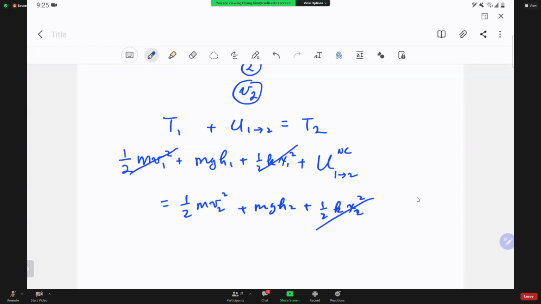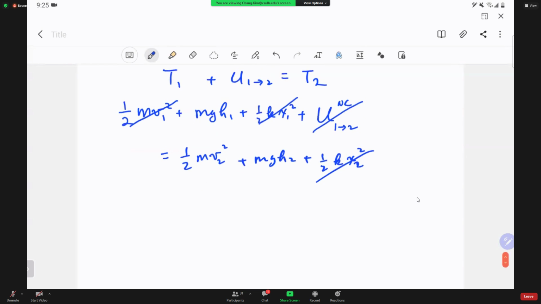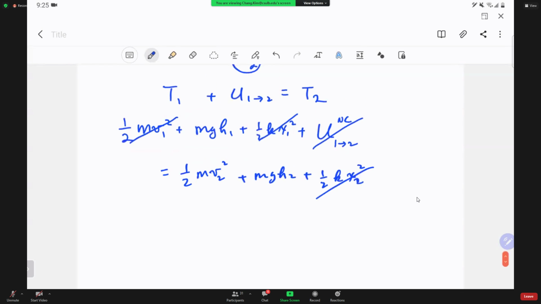So we are assuming that there is no friction force involved. So basically, it's dropped down to, m g h1 is equal to 1/2 m v squared plus m g h2.